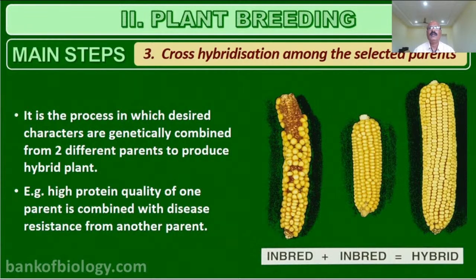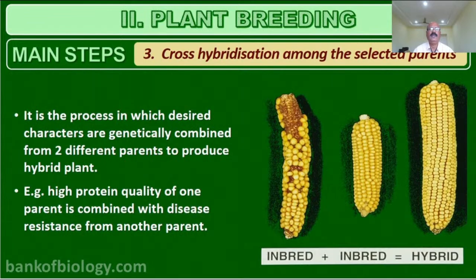Cross hybridization among the selected parents is the process in which desired characters are genetically combined from two different parents to produce hybrid plants. Example, high protein quality of one parent is combined with disease resistance from another parent.